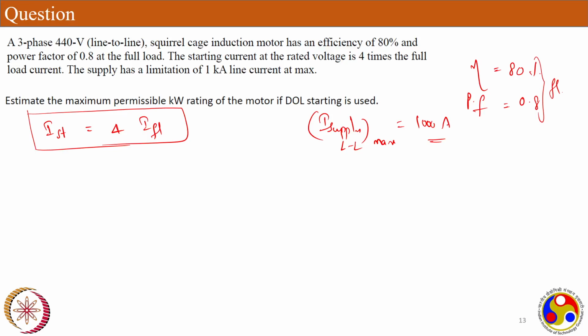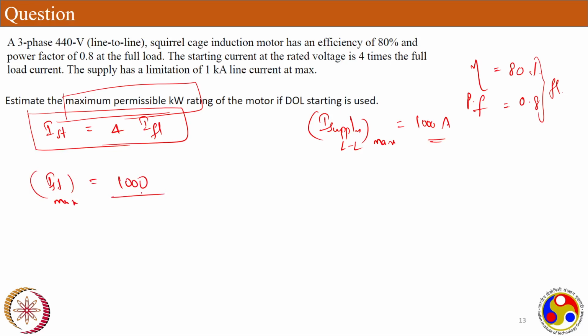So the maximum permissible kilowatt rating is what it was asking. So we will take everything at its maximum. Let's say you are drawing the starting current, because at the starting only the high current would surge. So my maximum possible starting current is 1000.